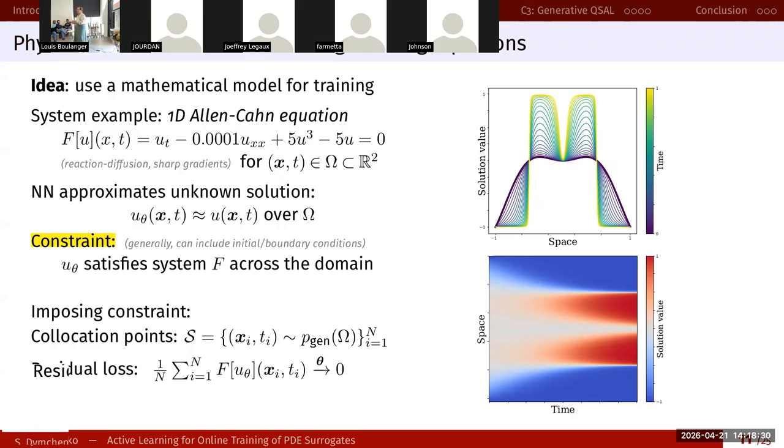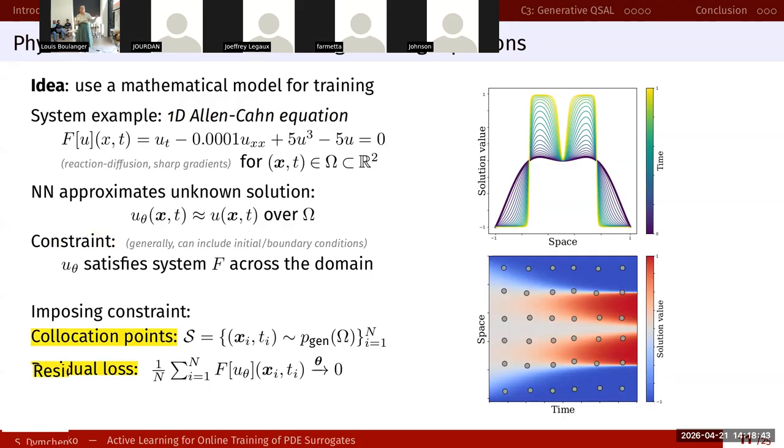So we can differentiate our neural network according to the system and calculate if it satisfies this constraint or not. To do so, we will need to sample collocation points. Those are the points in the spatiotemporal domain at which we calculate this constraint. And then we calculate the residual loss by auto-differentiating the neural network at this point.